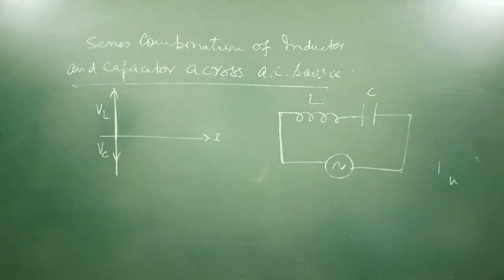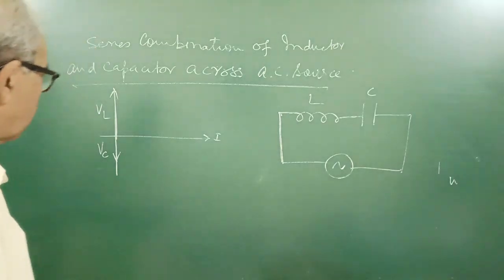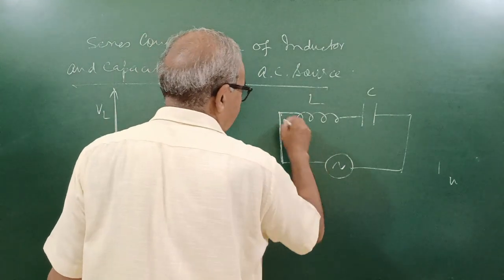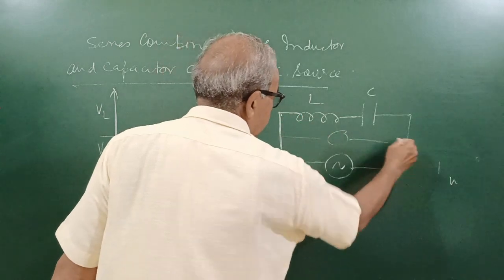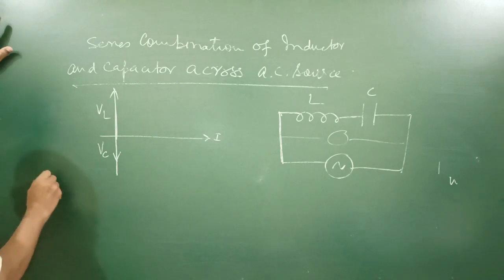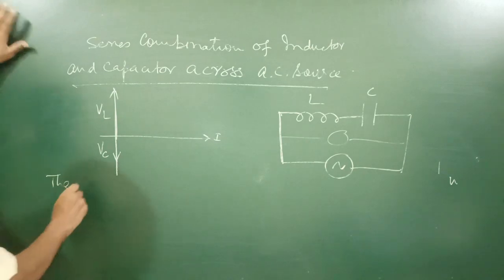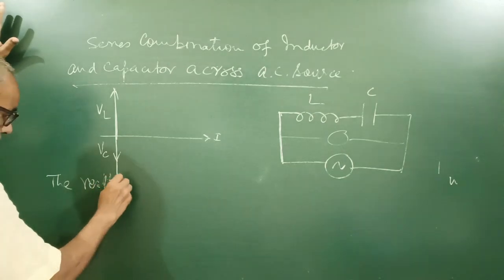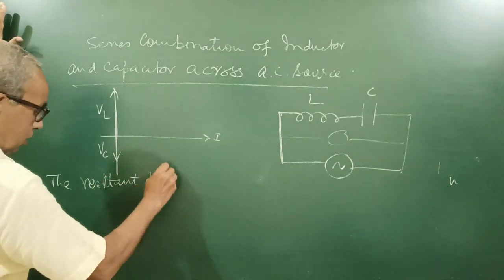So the RMS voltage which a voltmeter will read when we connect it across the two, that V will be the RMS resultant voltage.